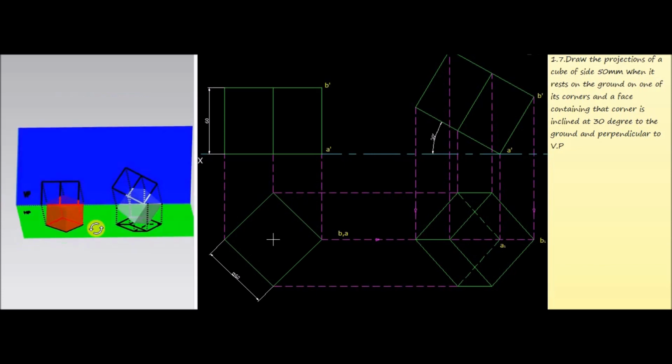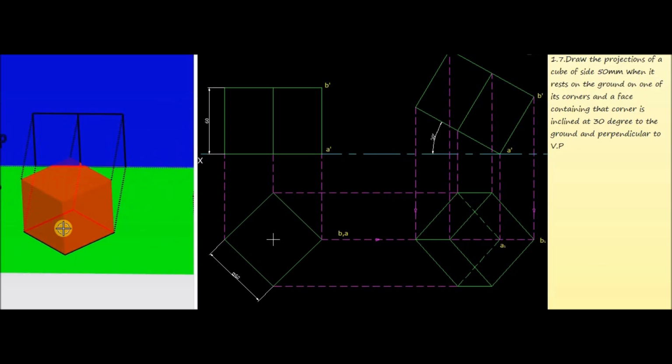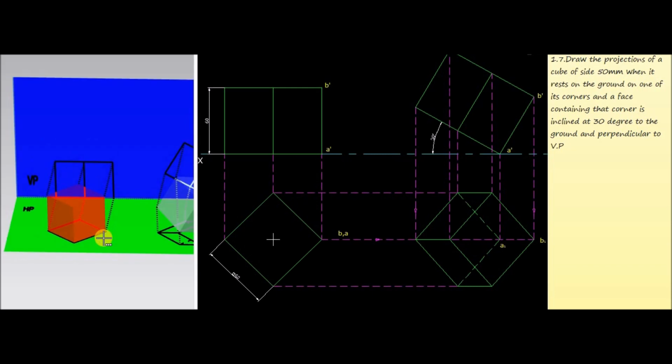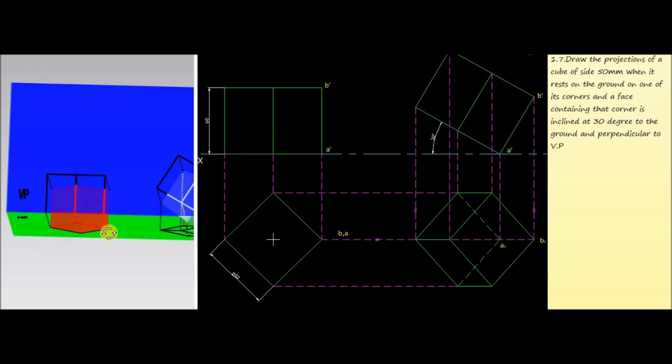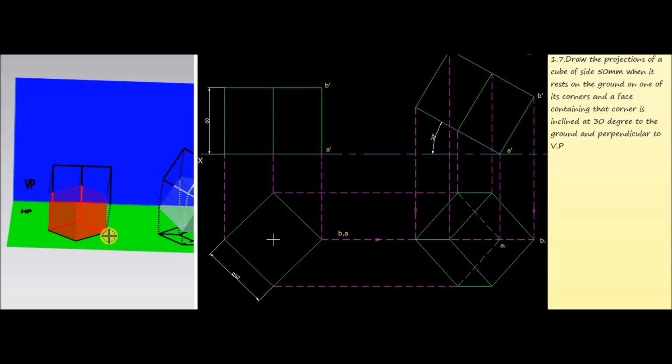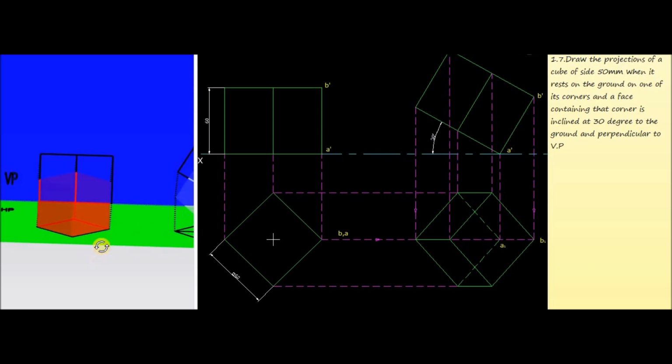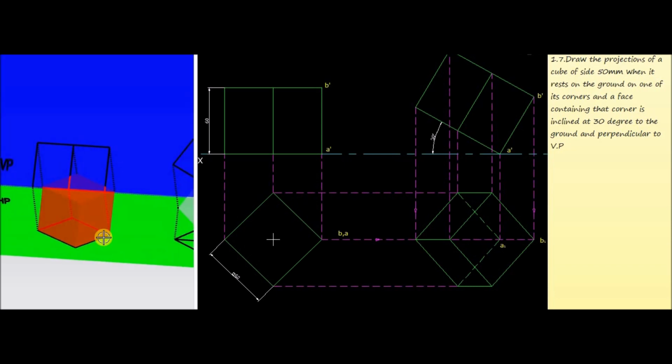So let us assume this cube is resting on the bottom corner A and it is inclined at 30 degrees to the ground and perpendicular to VP. This is the condition of the cube.